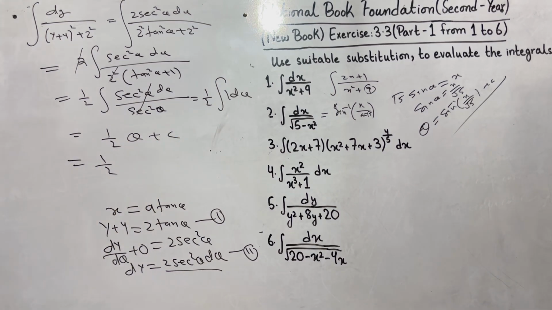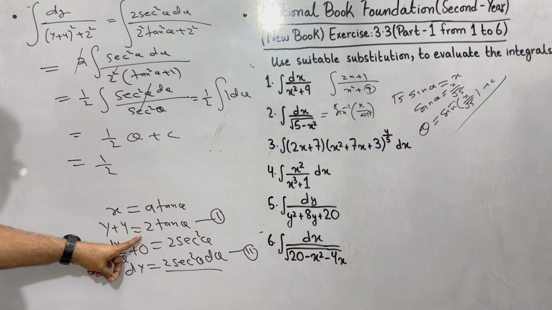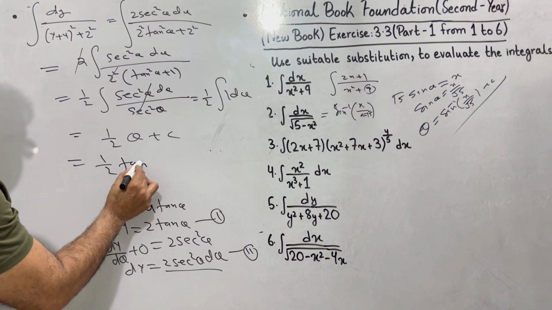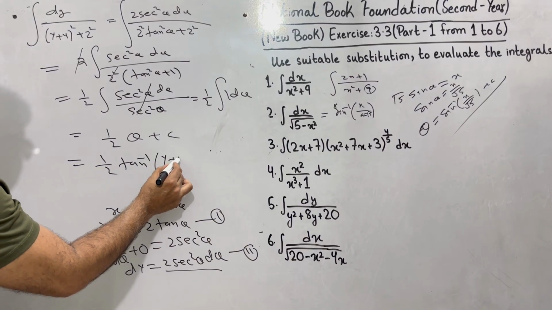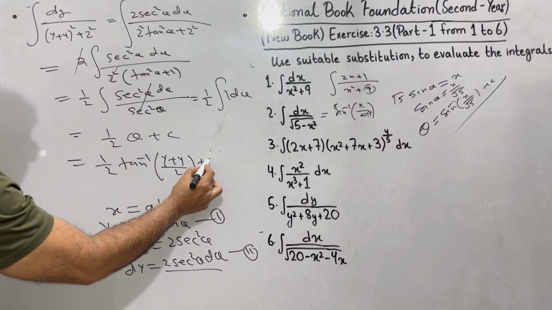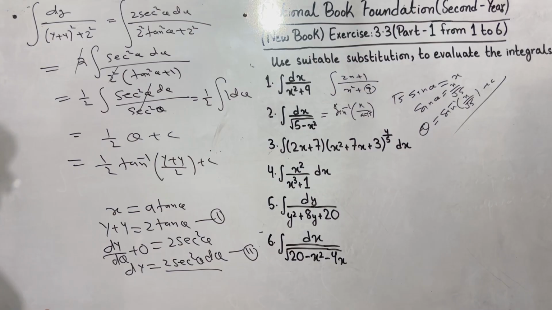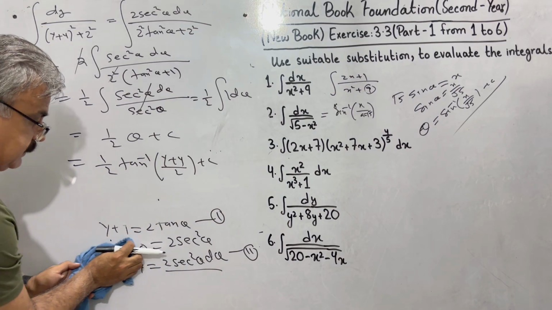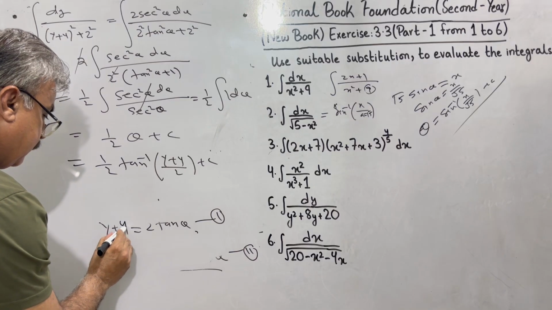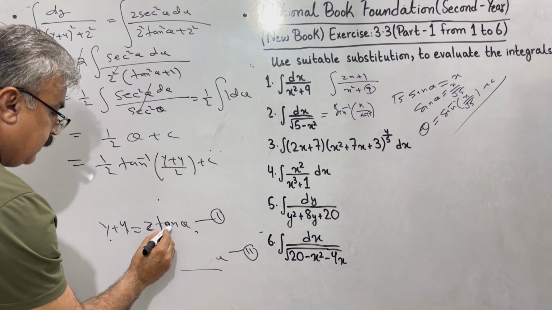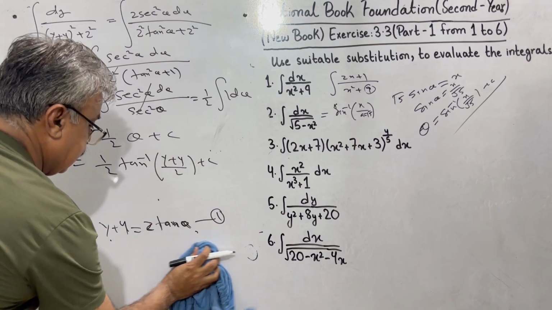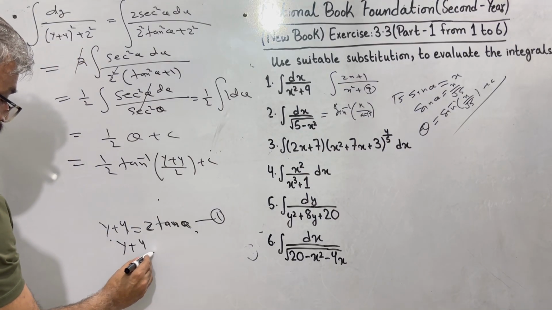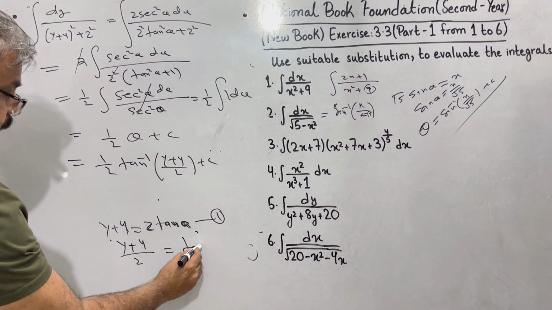Manage the value of theta from here. I have something like tan inverse of (y plus 4) over 2 plus c. How? Just check. I have y plus 4 equals 2 tan theta. Solve for theta. Shift 2 here, it will become (y plus 4) over 2, and we are left with tan theta.